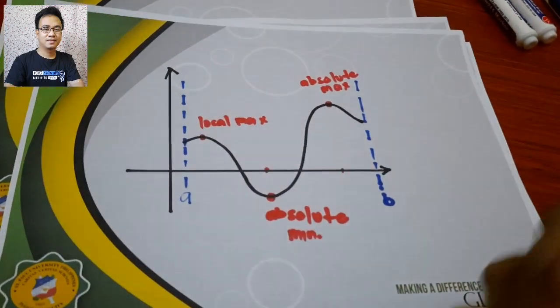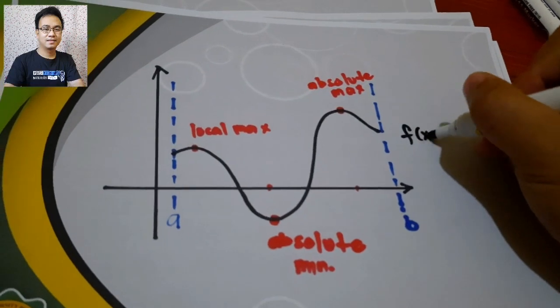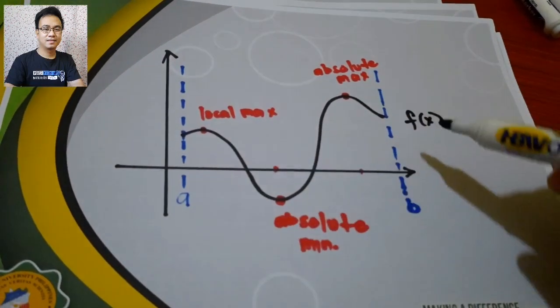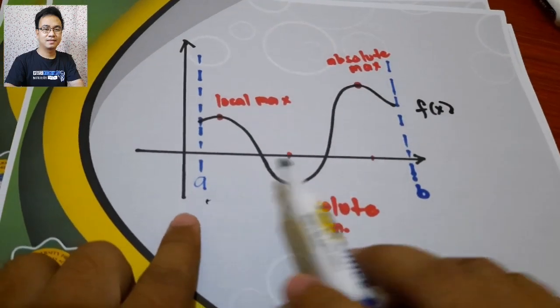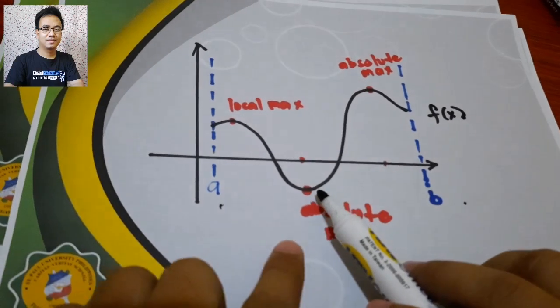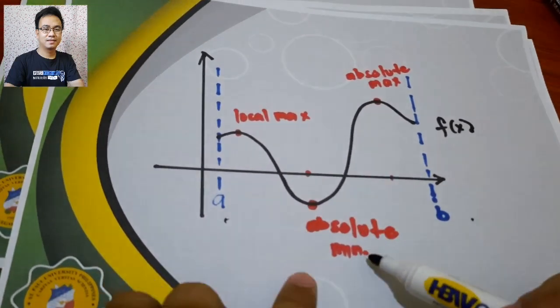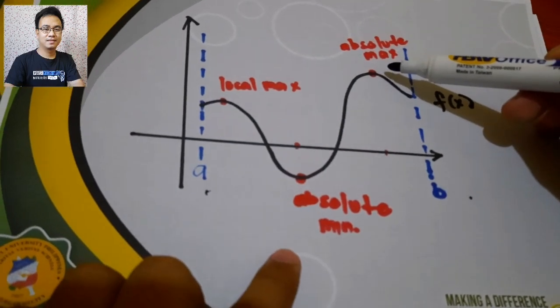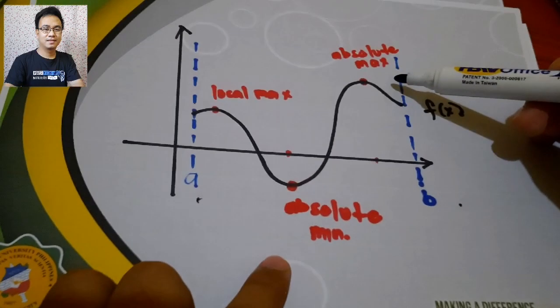As you can see, in a closed interval AB, from this point A to point B, meron tayong makikita na lowest point, this point is the so-called absolute minimum, and the highest point is the so-called absolute maximum.